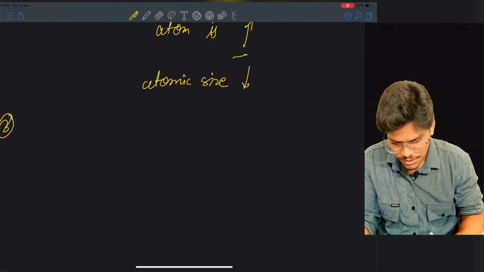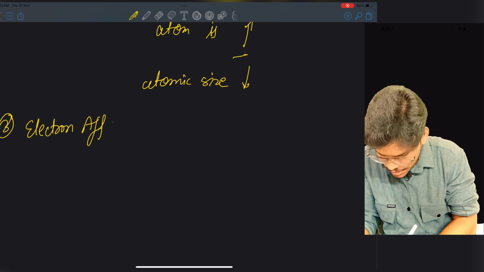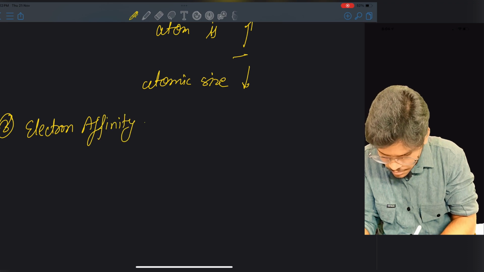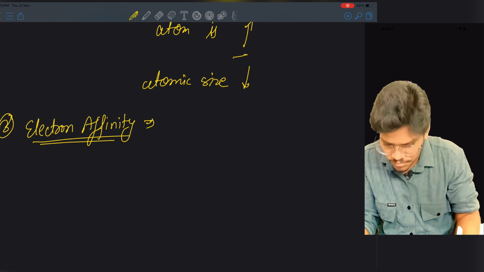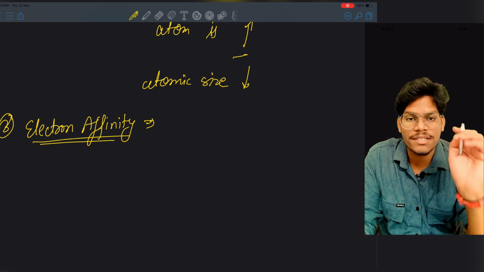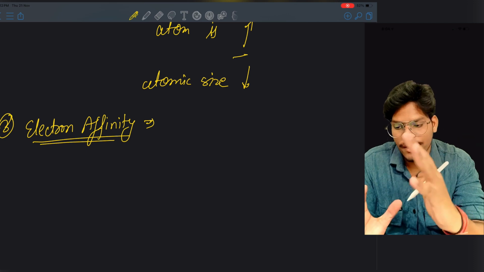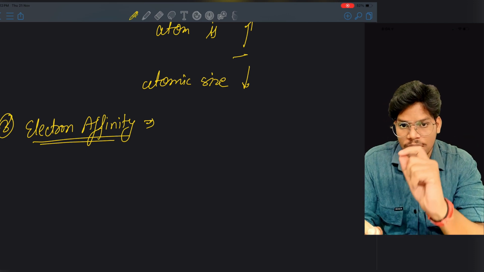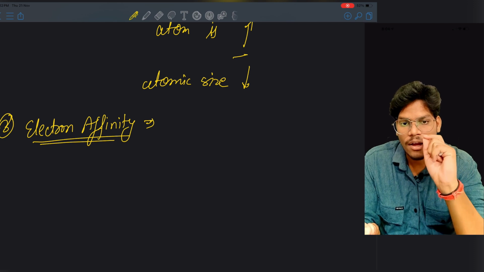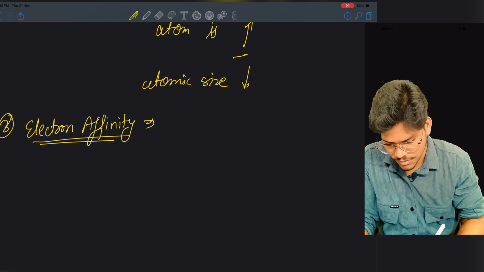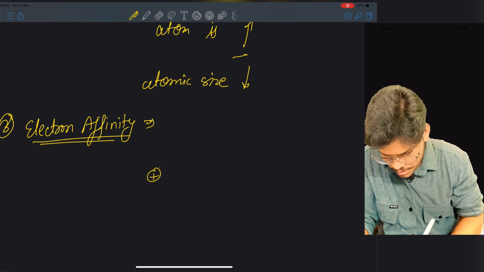So the third one is electron affinity. Look, what is electron affinity? When an atom gains an electron, when we add an electron to an atom, what is the energy change in the atom? Okay, so this is called the electron affinity. Like this is the nucleus, this is the shell.